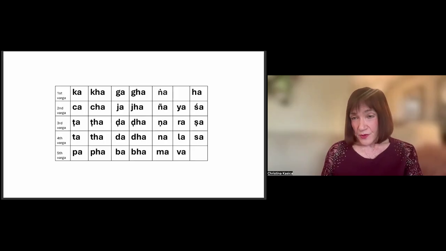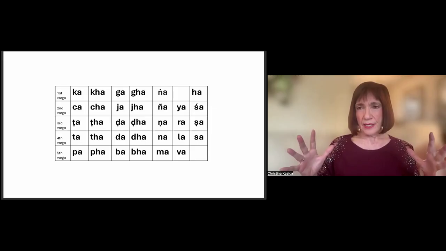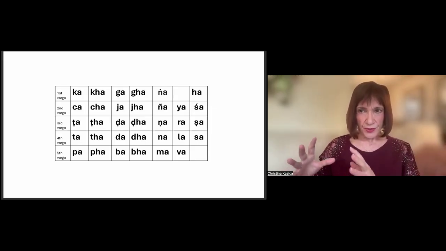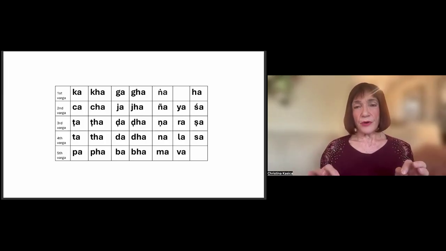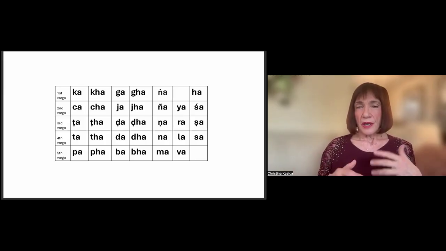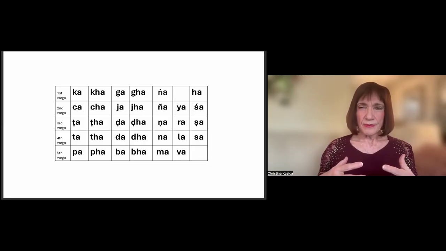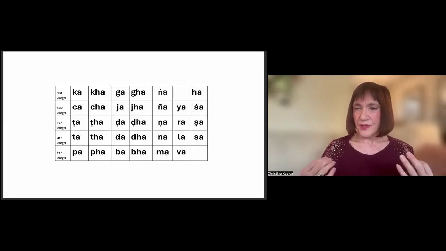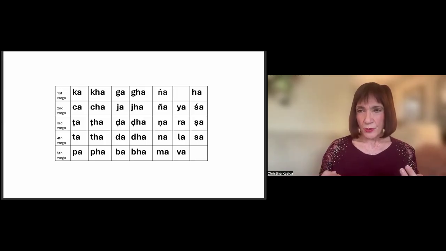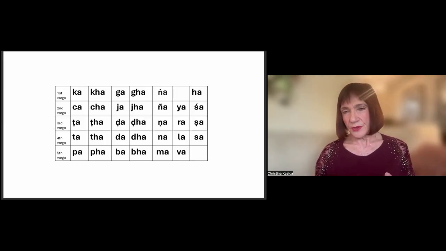Now, actually, this is quite logical because IAST was created to be a transliteration system. And because the third and fourth vargas are very similar, they had to find some way of distinguishing the cerebral letters in IAST from the dental letters.